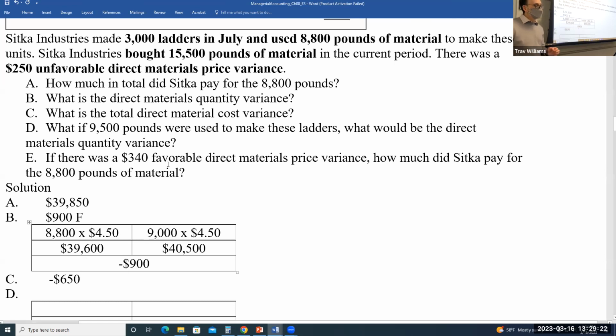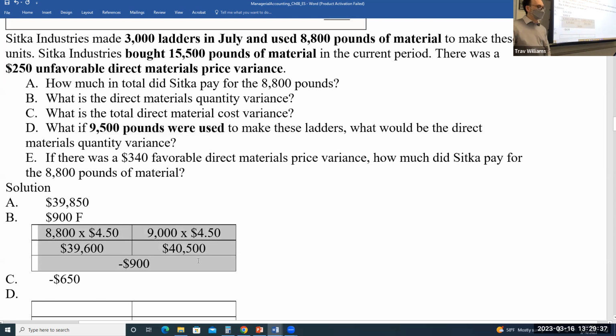So D says, what if 9,500 pounds were used to make these ladders? So this is a hypothetical. What would be the direct materials quantity variance? So this was our direct materials quantity variance that was based on 8,800 pounds.